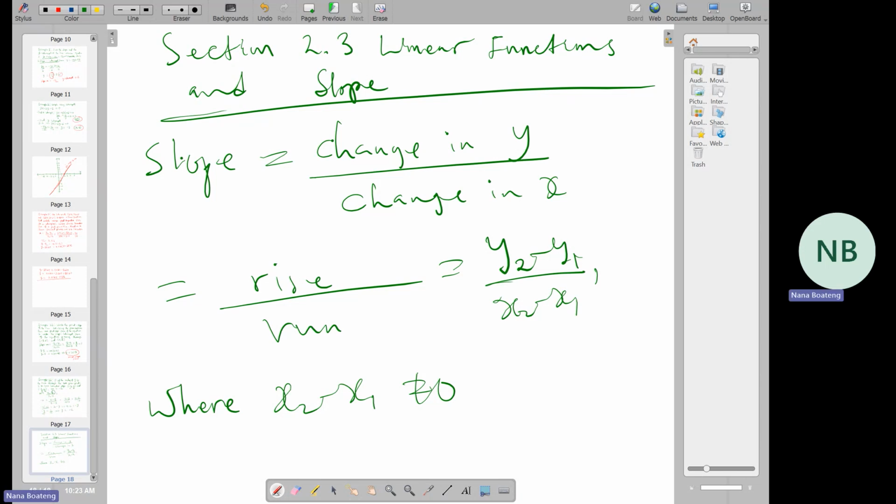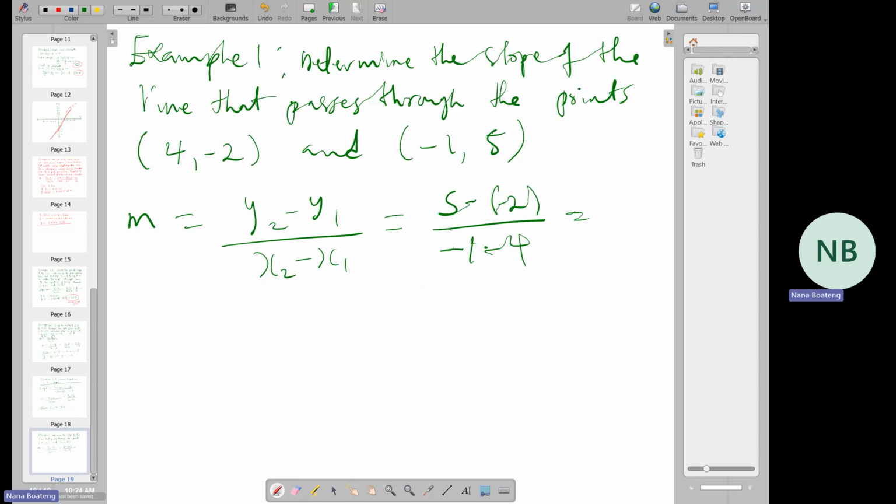All right, so slope m is equal to y2 minus y1 divided by x2 minus x1. And so this equals 5 minus -2 divided by -1 minus -4. And so this gives us 7 divided by 3. So this is the slope of the line that passes through these points.